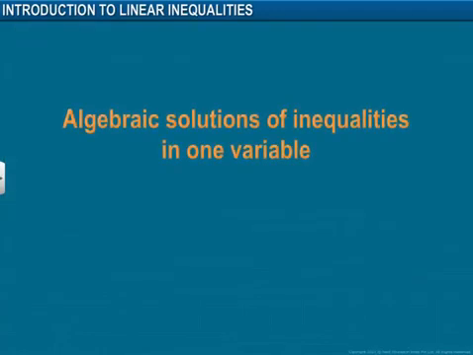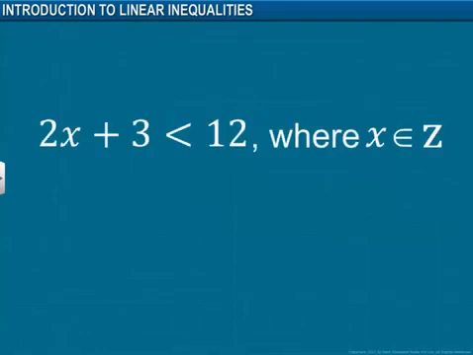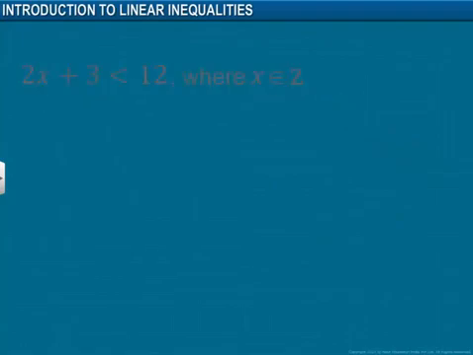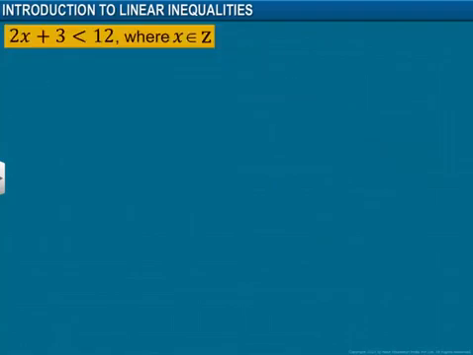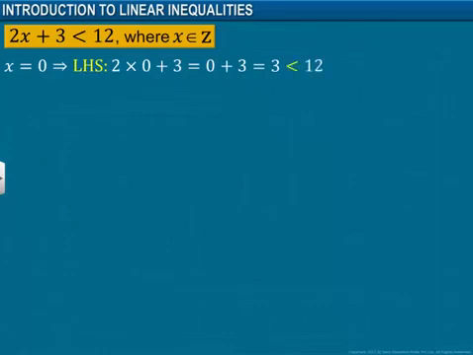We will now learn about algebraic solutions of inequalities in one variable. Consider the given inequality. Let's start substituting different values in place of x on the left-hand side of the inequality, starting with 0. We get the value of the left-hand side as 3, which is less than 12.